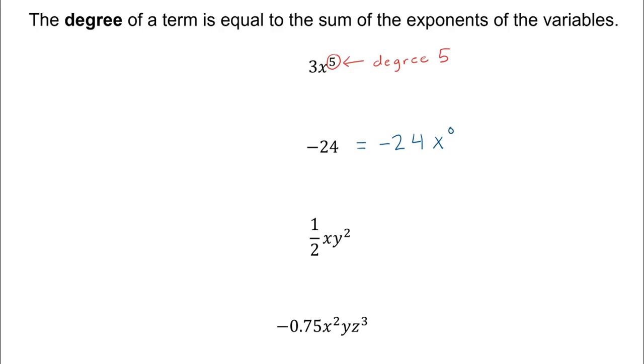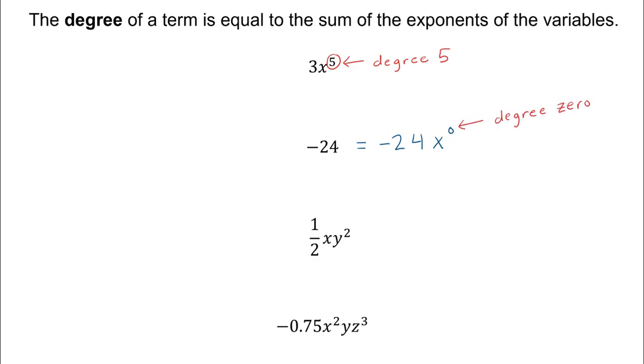So if this is the case, the degree of this term will be 0 because the exponent of the variable is a 0. So all constants are just algebraic terms of degree 0.